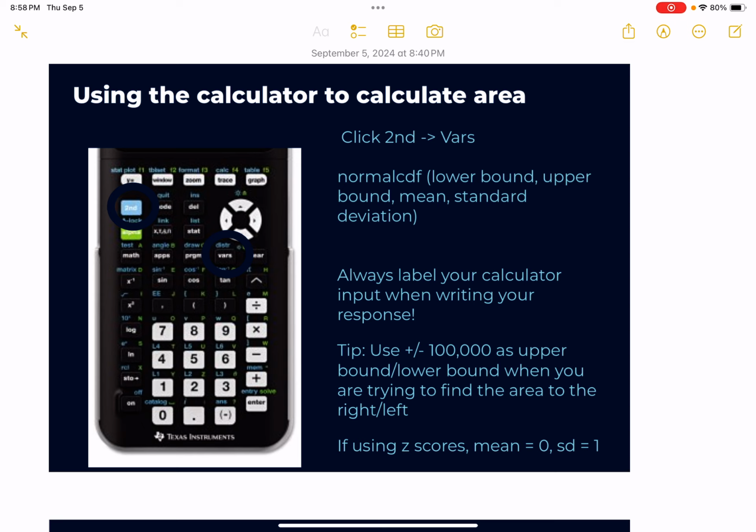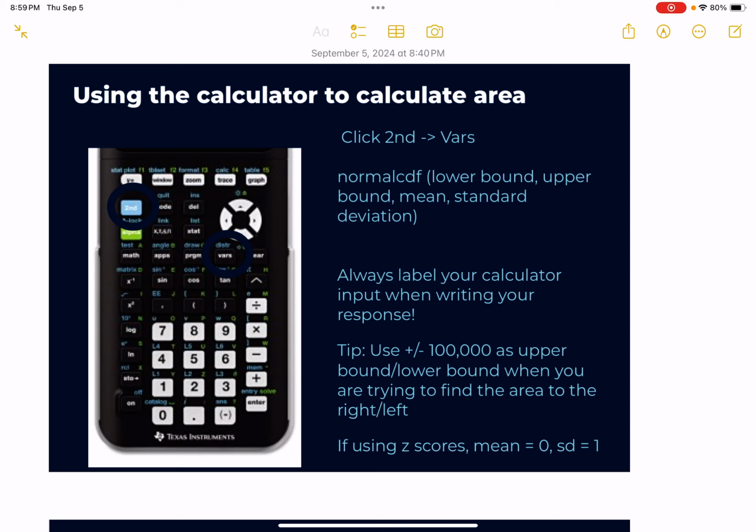Now, if you want to do it with a z-score, you do the same thing. But of course, instead of putting in the upper as a data point, you'll put in the z-score, and you will put in 0 for the mean, because all z-score related standard normal curves have a mean of 0.